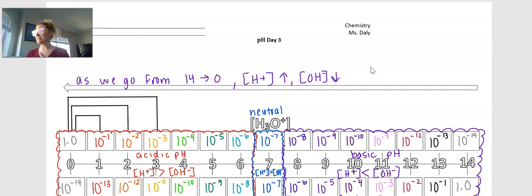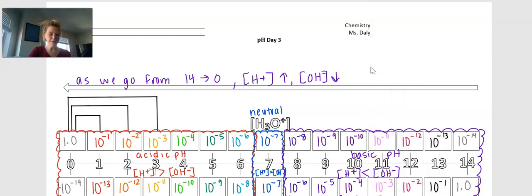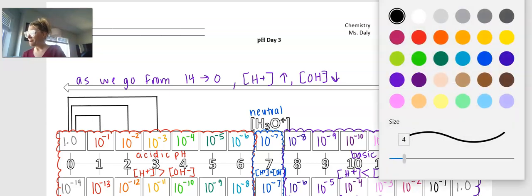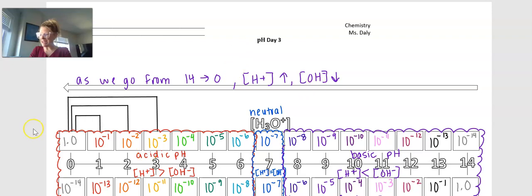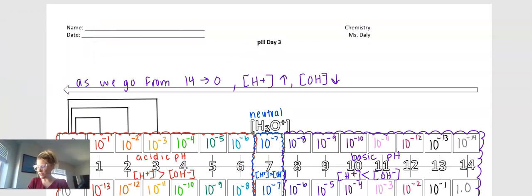And actually, thinking of that, I want to put that right here at the very top. So this can be a little bit confusing, and let me make this a little bit bigger, okay? But as pH increases, the concentration of H plus decreases, okay?